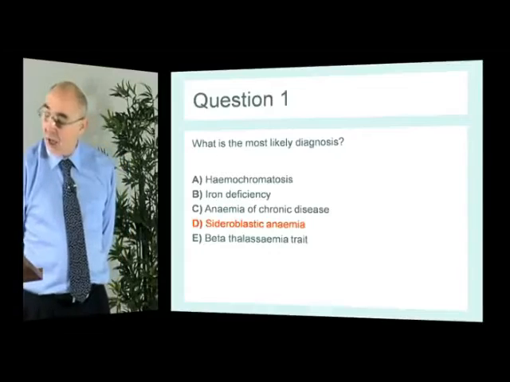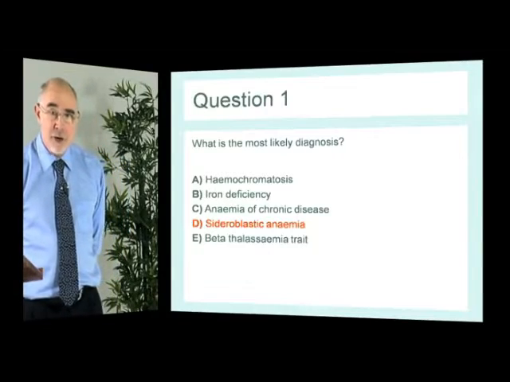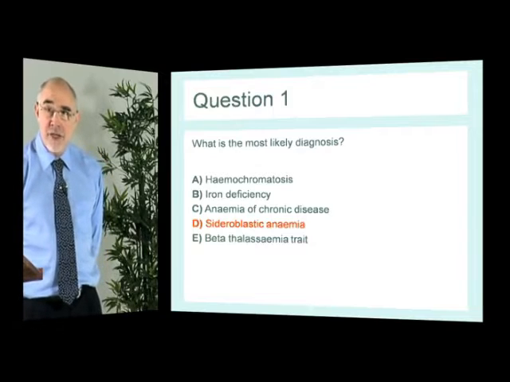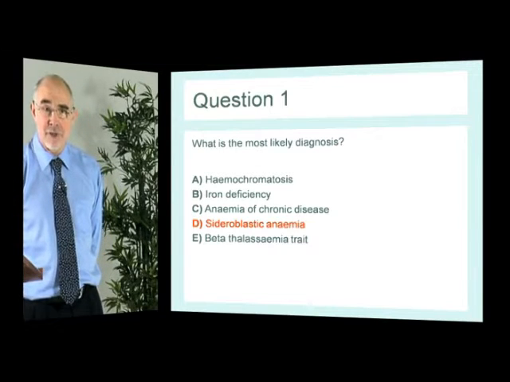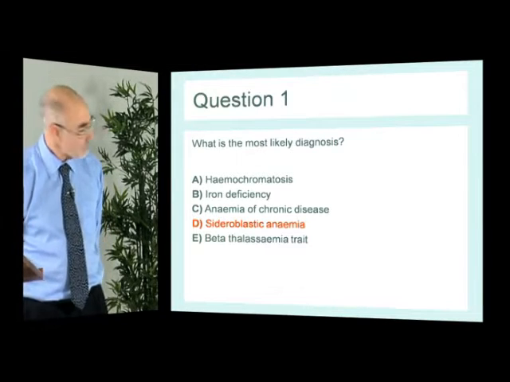Before we consider sideroblastic anemia, let us dismiss thalassemia trait. Beta thalassemia trait is associated with a microcytic hypochromic anemia, usually with a hemoglobin over 9, common in patients of Mediterranean or Middle Eastern origin. However, we've seen that the hemoglobinopathy screen is normal and the hemoglobin A2 level is also normal.